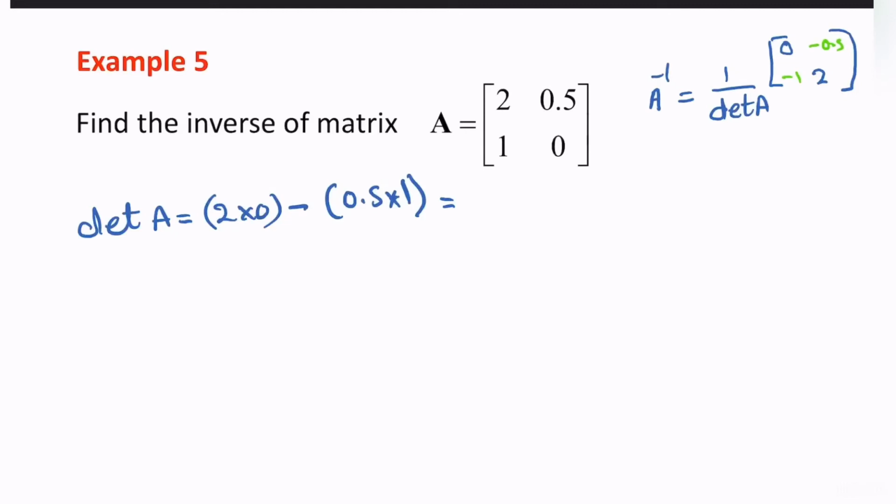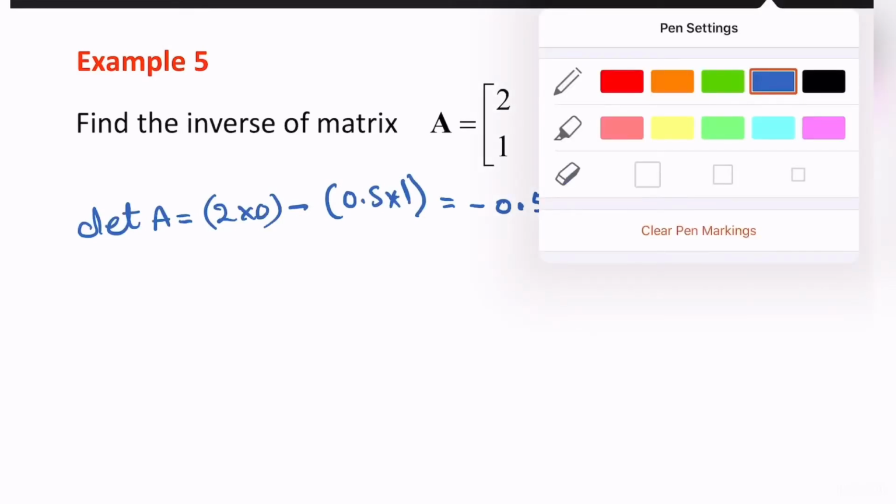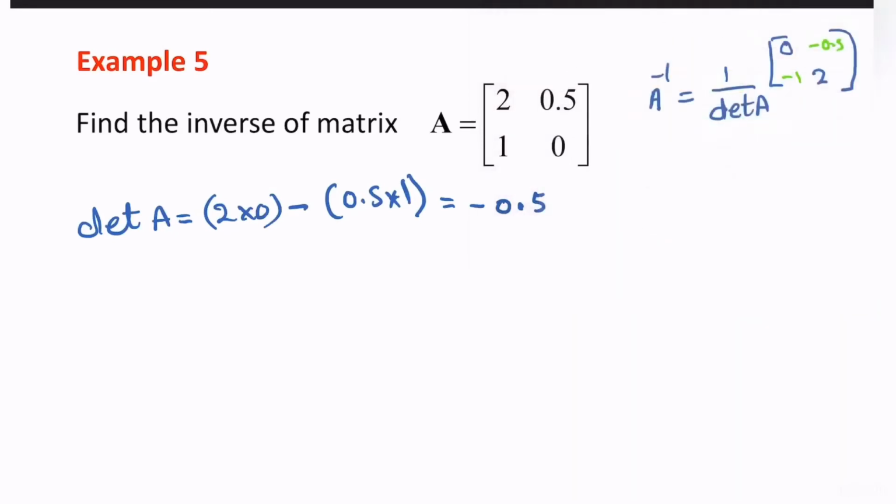So it's going to be minus 0.5. Right. And for this matrix, we do some changes for it. Well, before that, determinant A in this case is not equal to 0. That means, therefore, it can be inverted. Okay.